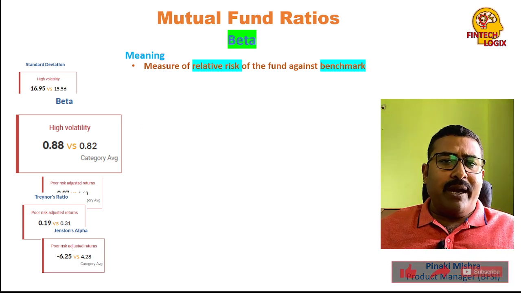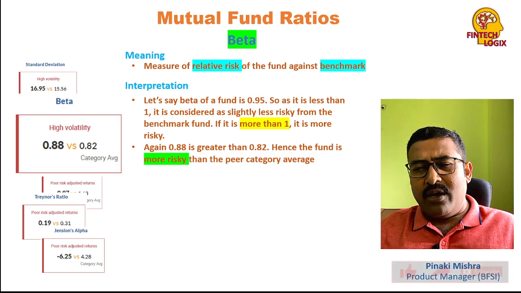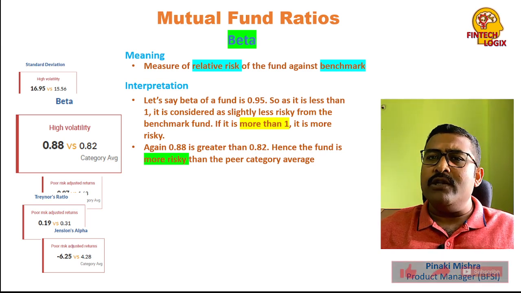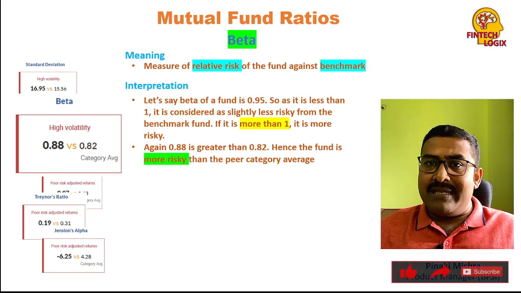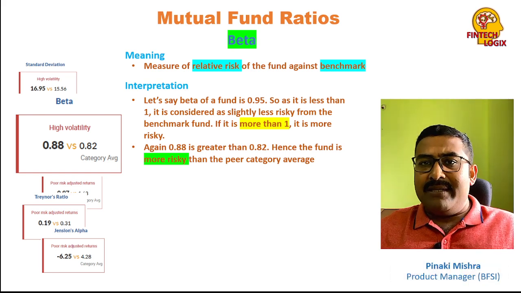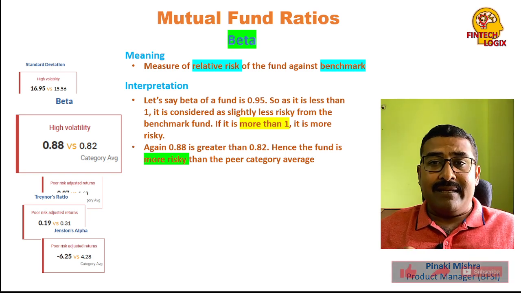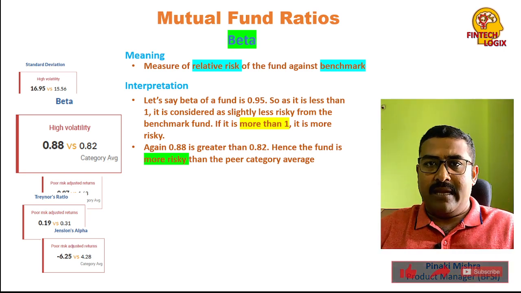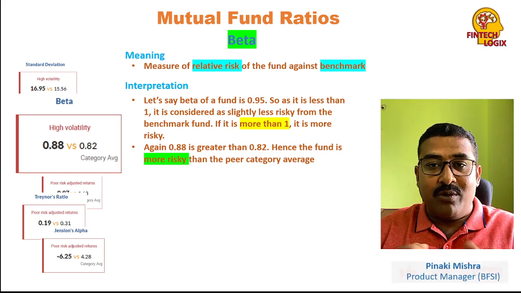So let's try to interpret that, simplify that to understand a little bit more about this. Let's say we are talking about a beta value of 0.95. Now 0.95 is less than 1. So that means this particular mutual fund is slightly less risky than the benchmark, which is actually a good sign.